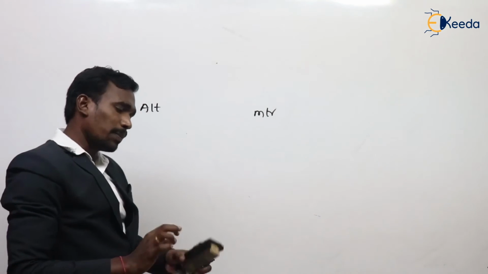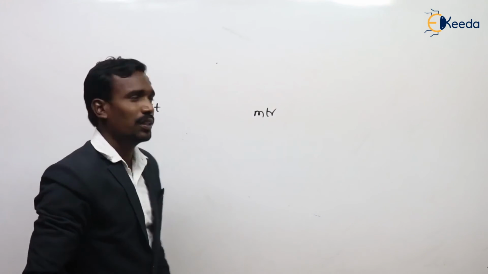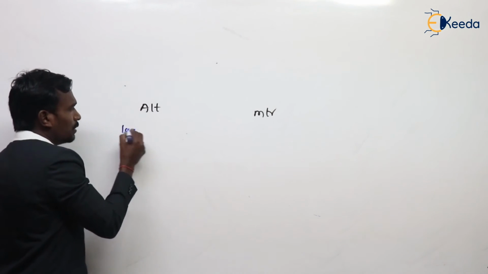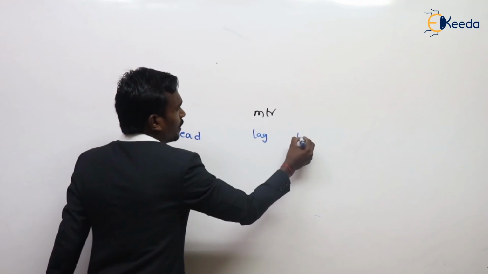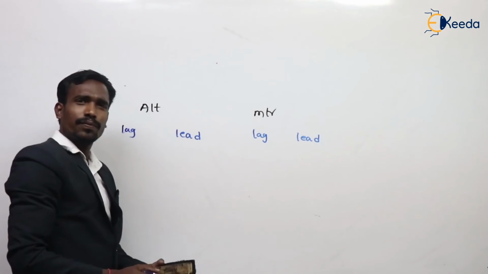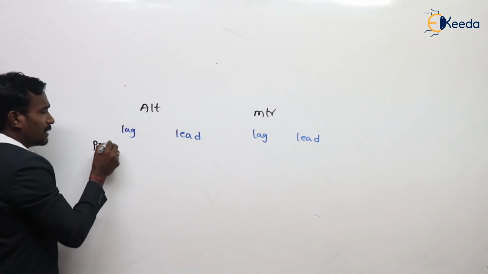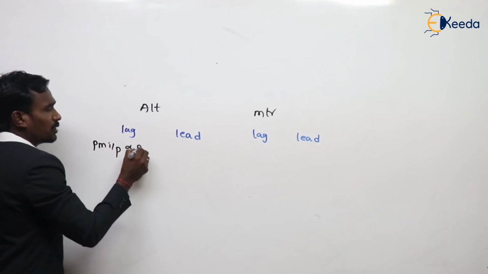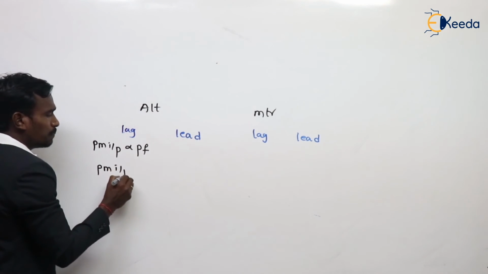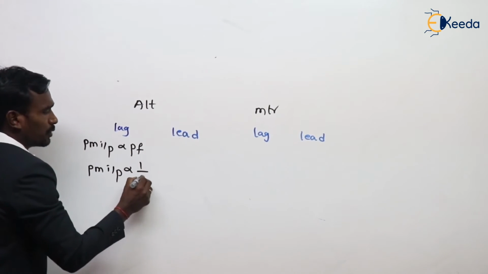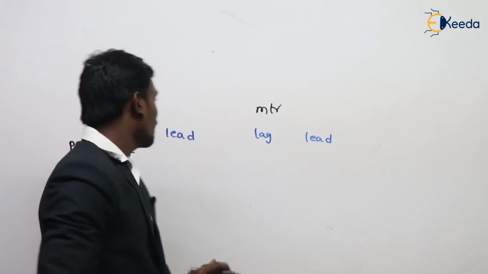When two alternators operate in parallel with load, effect of prime mover input: here we have a lagging load and leading load. Here the prime mover input is directly proportional to power factor and the prime mover input is inversely proportional to Q delivered. This I said to you in alternator lagging load.